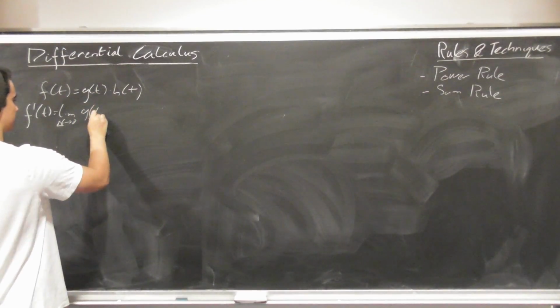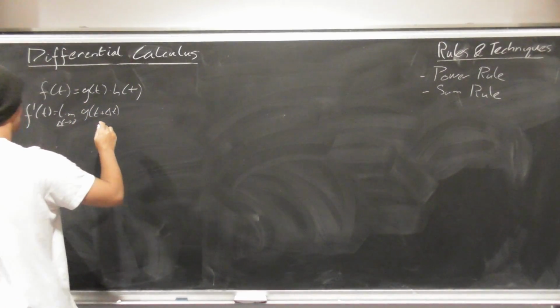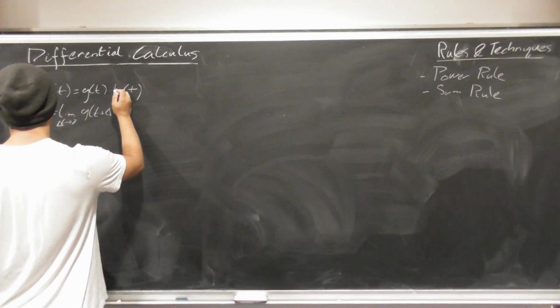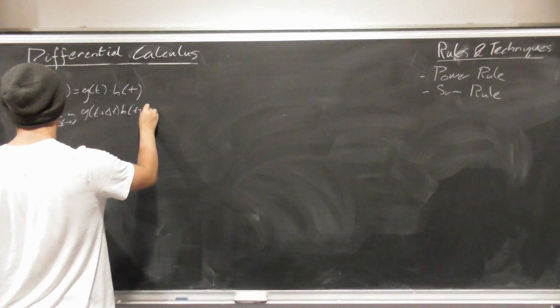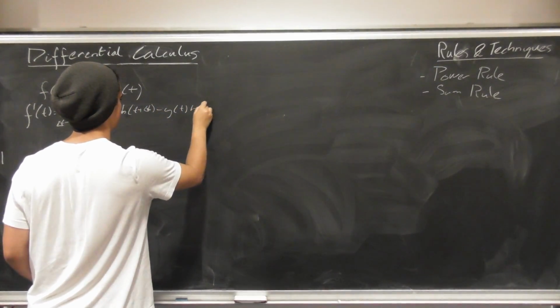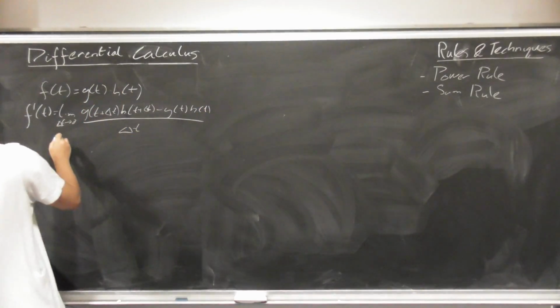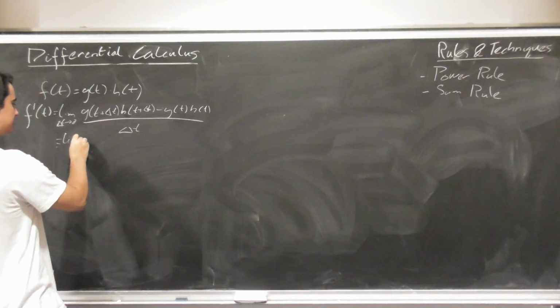of g of t plus delta t times h of t plus delta t minus g of t times h of t over delta t. And we can rewrite this in a way.